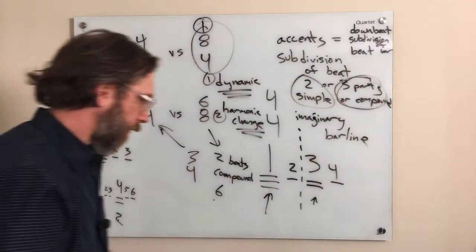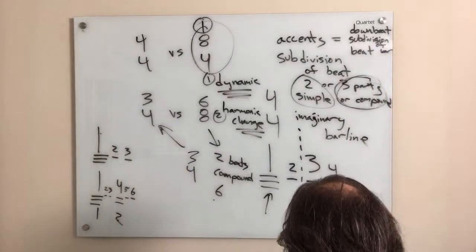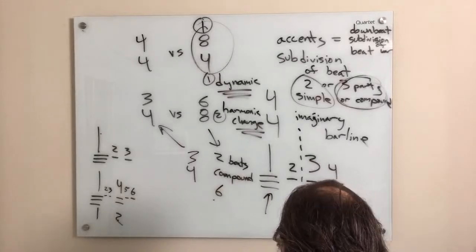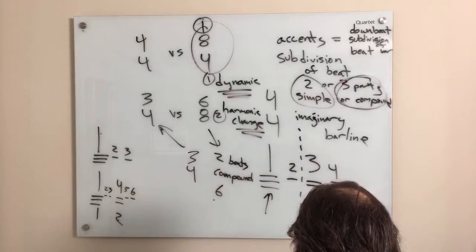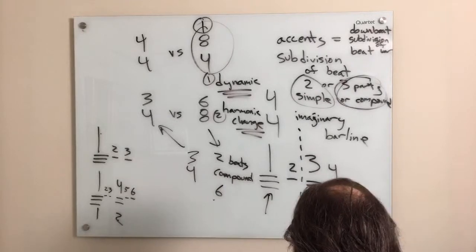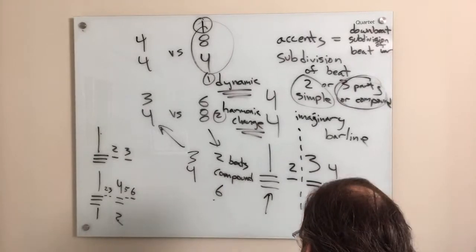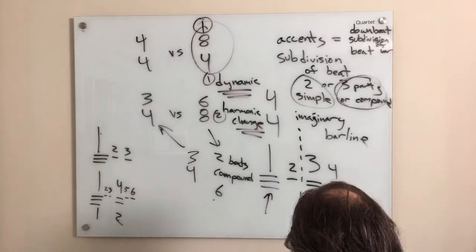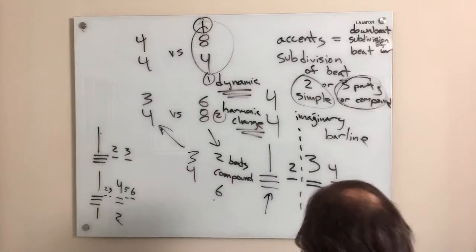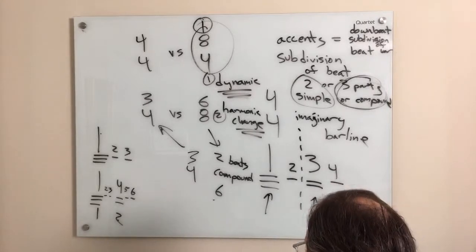So let's say we're going 1, 2, 3, 1, 2, 3, 1, 2, 3, which would be very different. And I don't know a ton about 6/8 because that's not very common for jazz or anything like that.